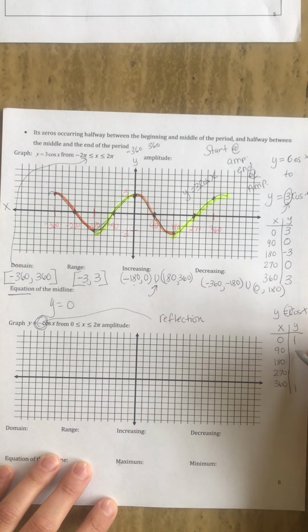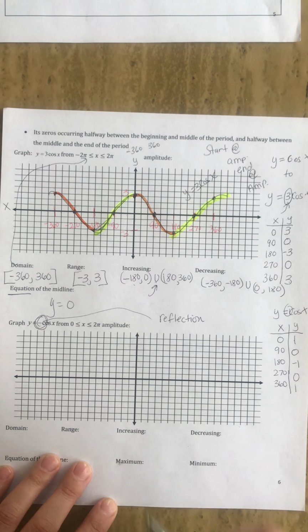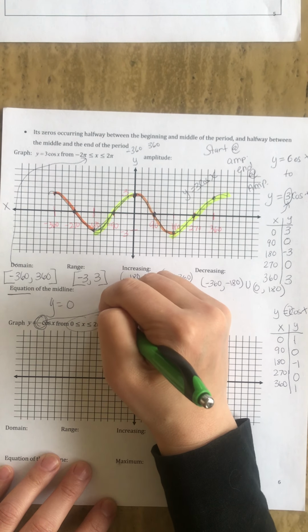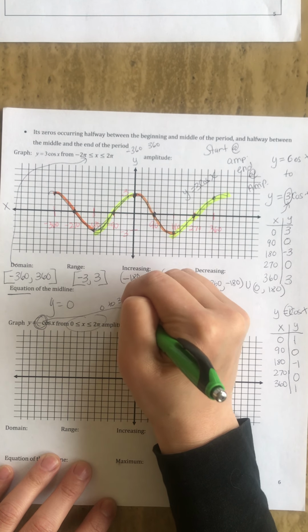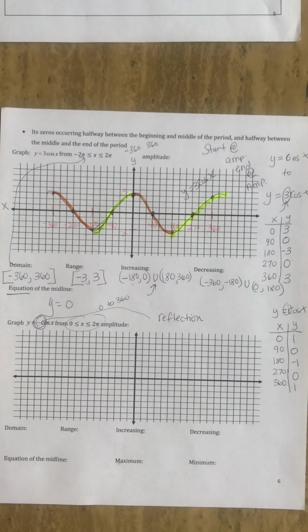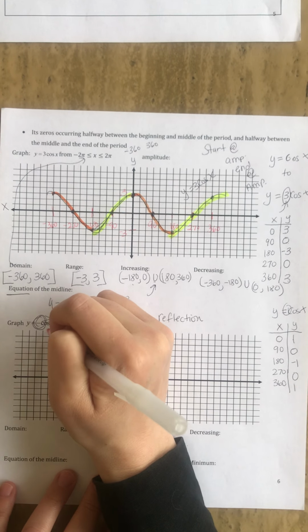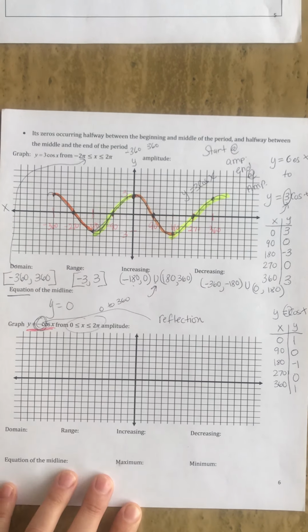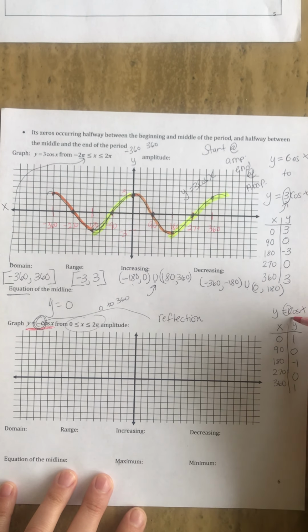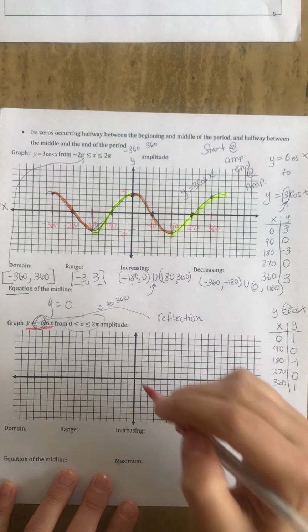And we start at the amplitude and end at the amplitude. We start at 1, we go to 0, -1, back to 0. And this we're going from 0 to 360. Now, again, that's not what they're asking us to graph. They're asking us to graph that negative, but I'm going to graph this first and show you what that reflection looks like.